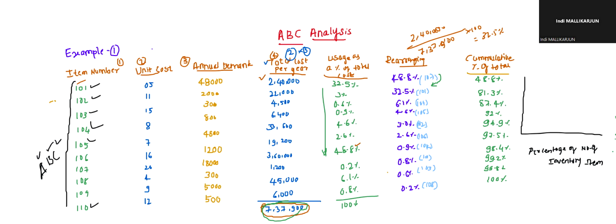In this slide, in the y-axis we have the percentage of average inventory values. In the x-axis, the percentage of number of inventory items. Now, as I said, 0 to 10 means it belongs to A, and 10 to 20, addition of 20 to this is 30.